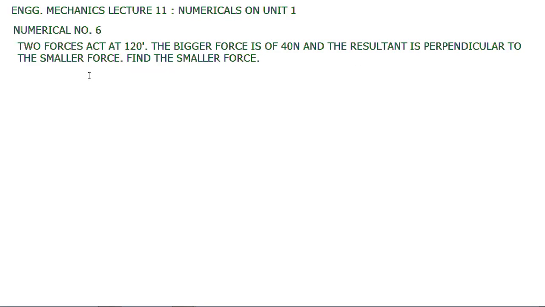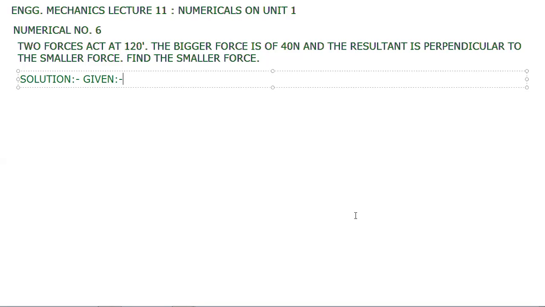Now this is a numerical. So how are you going to solve this? First of all, you should write the solution. In that solution, first write down the given values.